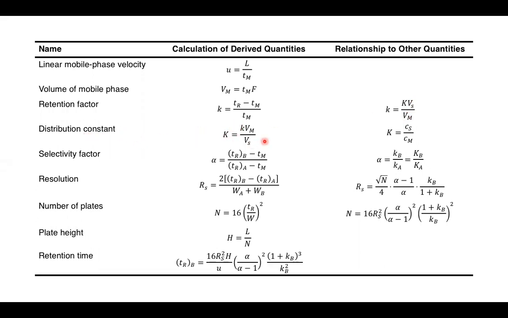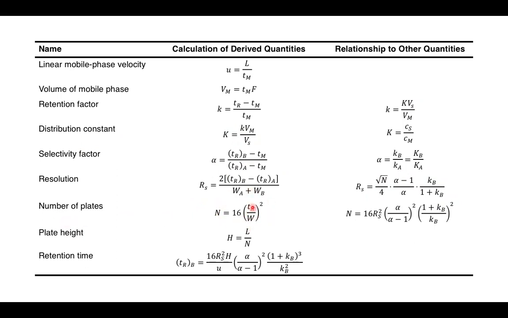The distribution constant is here, the selectivity factor, alpha, is here. Resolution is then given like so, but there's also another way, from the Purnell equation, to calculate the resolution, where we have N as the number of plates of the second peak, then the selectivity factor, and then the retention factor of the second peak, which would be B. The number of plates can be calculated like this.